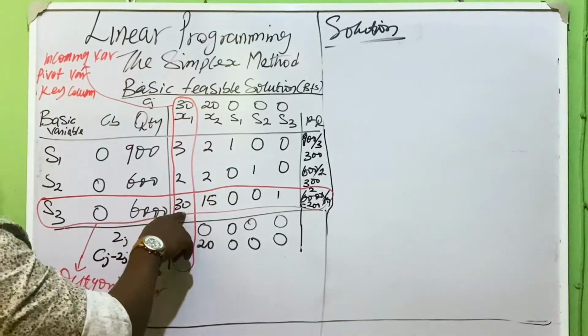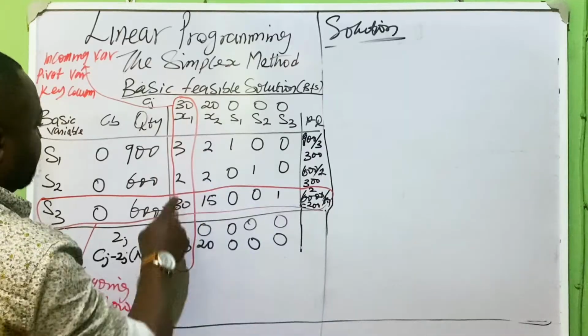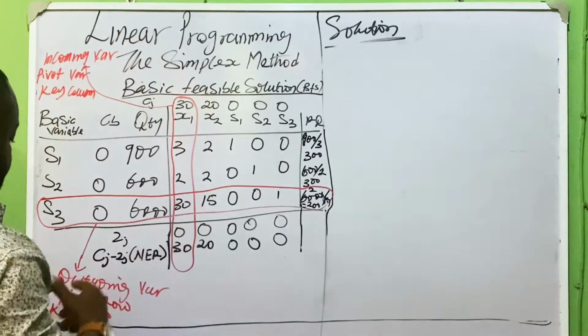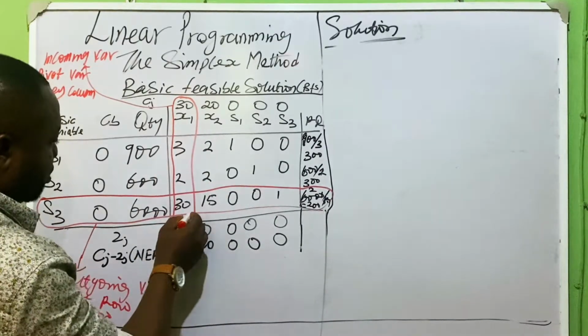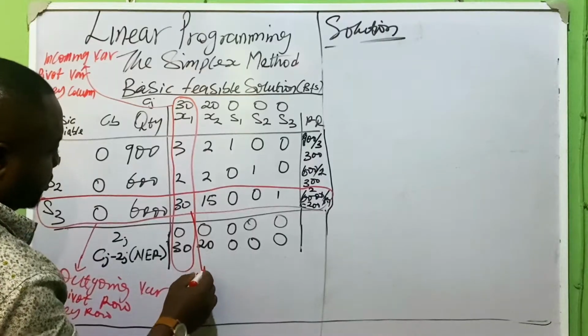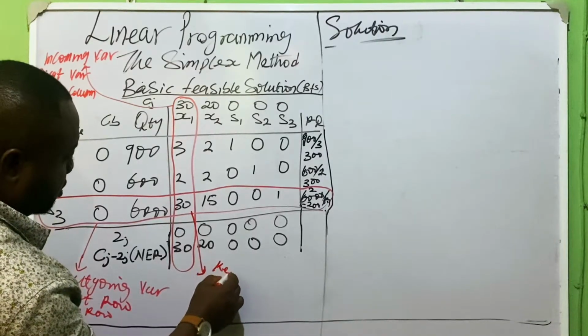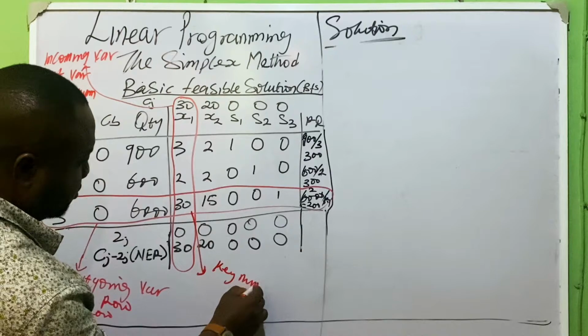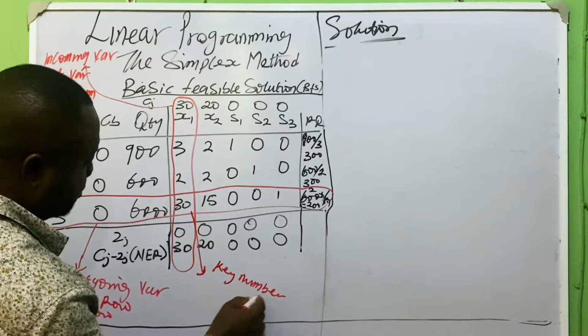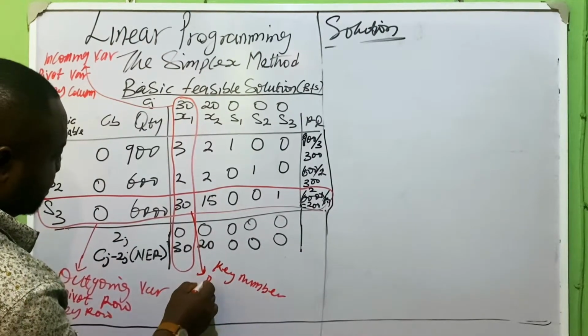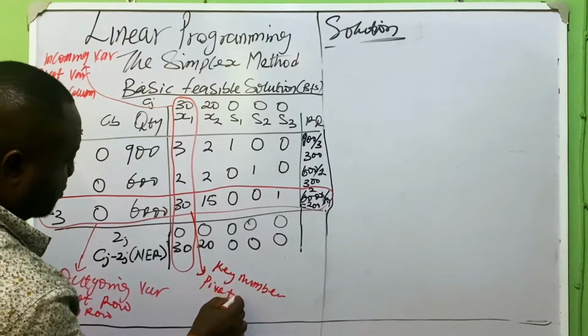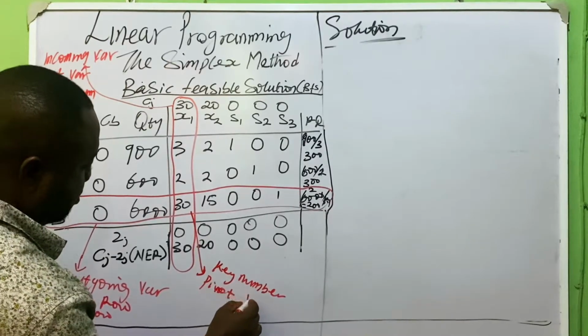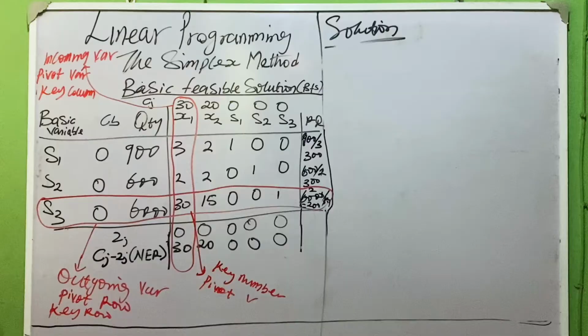So at the intersection of incoming and outgoing variable, we have 30, which we call the key number, pivot number. So we're going to make use of this.